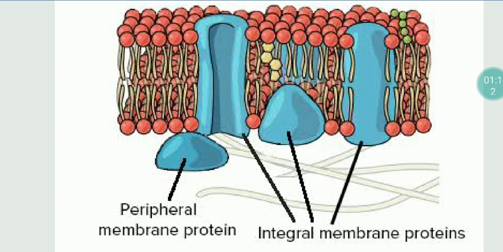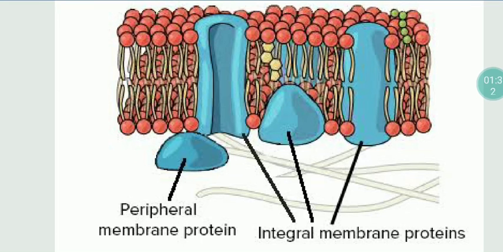And there are some integral proteins which are partially bound, so they are partial integral proteins. So we have two types of proteins based on the ease of extraction: one is peripheral protein and one is integral protein.